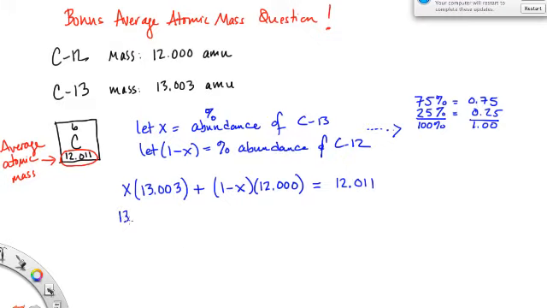So something more familiar in what you see in an algebra class. So this becomes 13.003x, plus here I'm going to multiply, using the distributive property. So multiplying 12 times 1 is 12.000 minus 12 times x, 12.000x, equals 12.011. Now I can do some math. And I see here I have 13.003x minus 12.000x. Well, let me rearrange that first, just so it's easier to see.